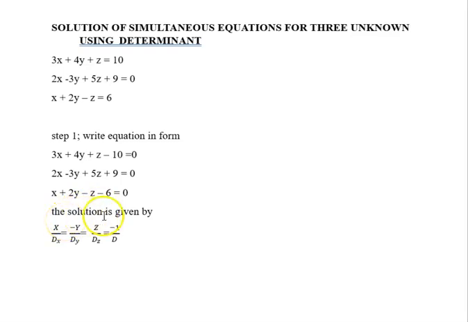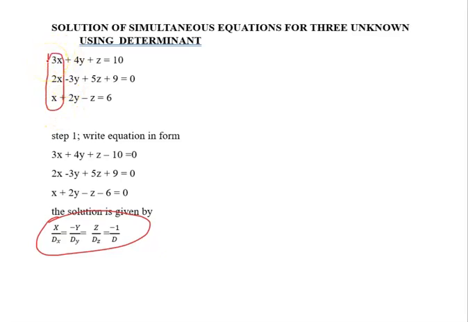The solution is given in step 2. This is the formula for getting the values of x, y, and z. So Dx is given by the determinant of coefficients left when the x column is covered.